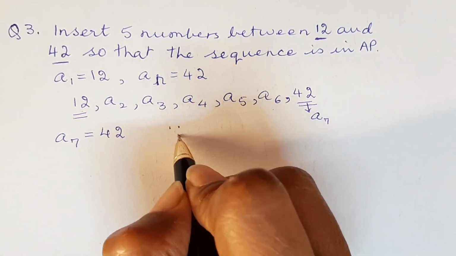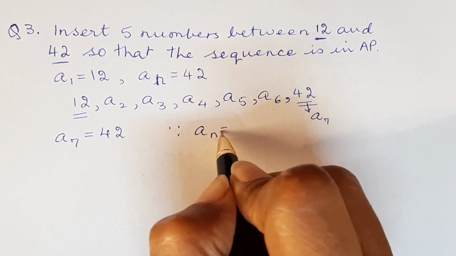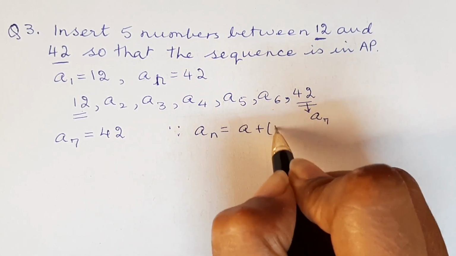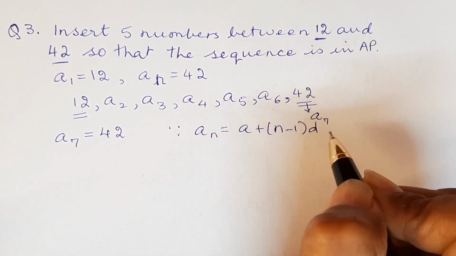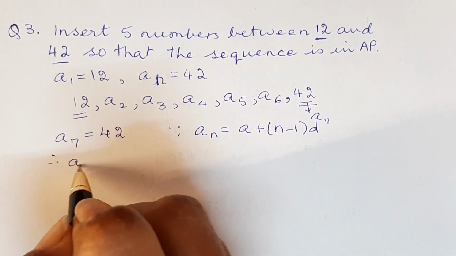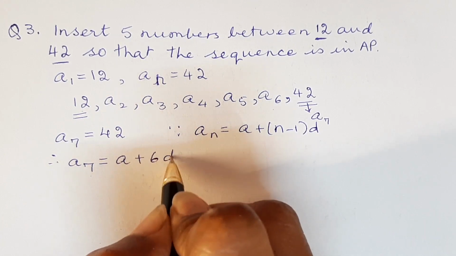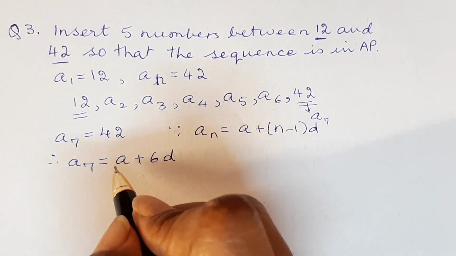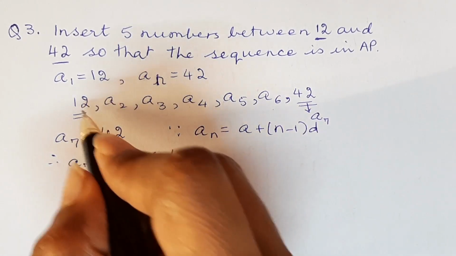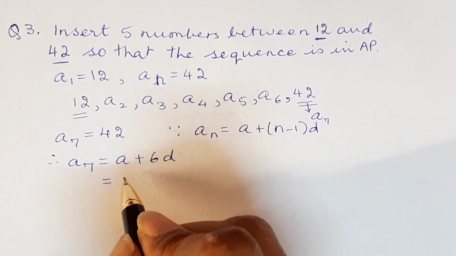And now since AN, that is the nth term, is A plus n minus 1 into D, therefore A7 will be equal to A plus 6D. A value we already know. How much is it?